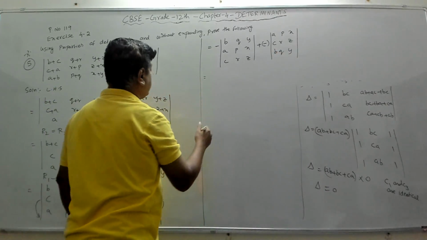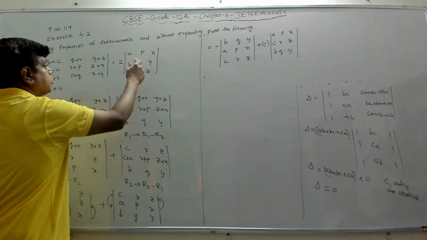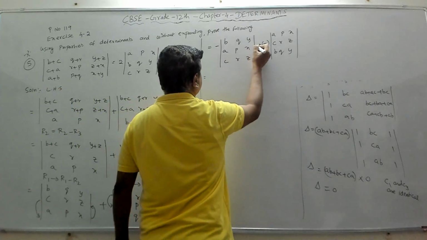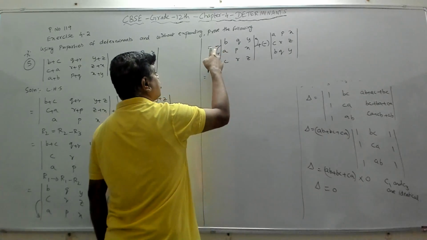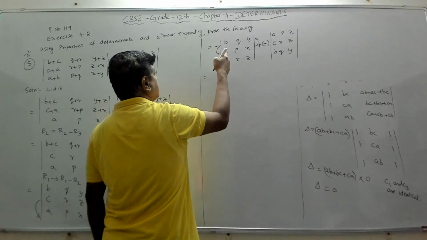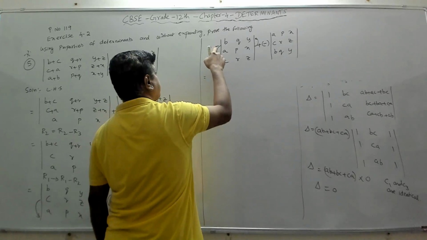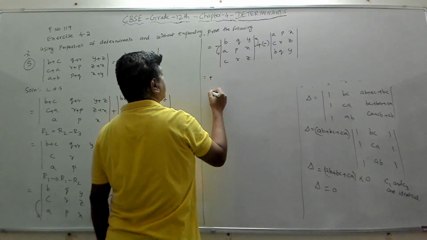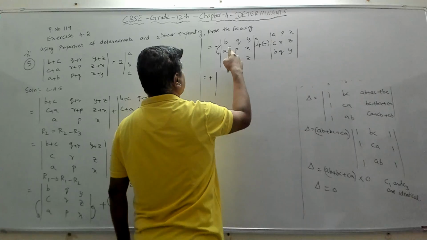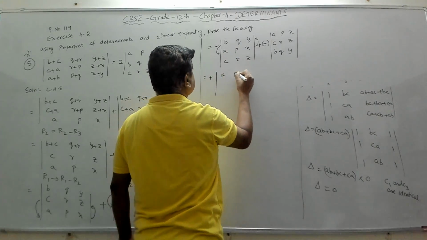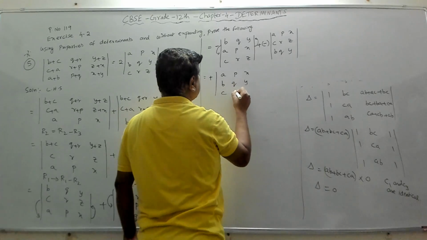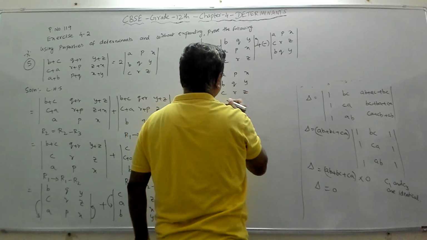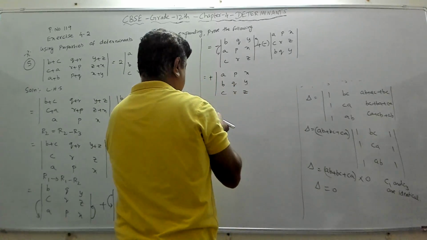Now again we need APX on the top, so again I will shift these two. So this will go up, this will come down. So again we'll get one more minus when you interchange these two rows. Already there is a minus, that will become plus. So your APX will go up, then BQY, then CRZ.